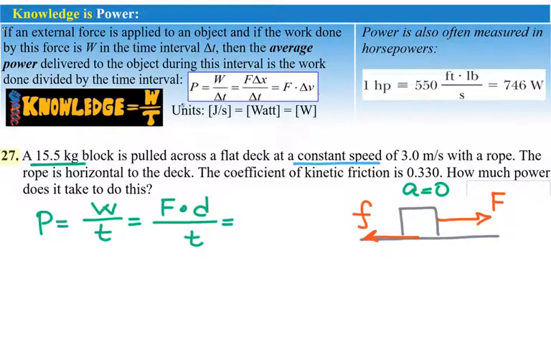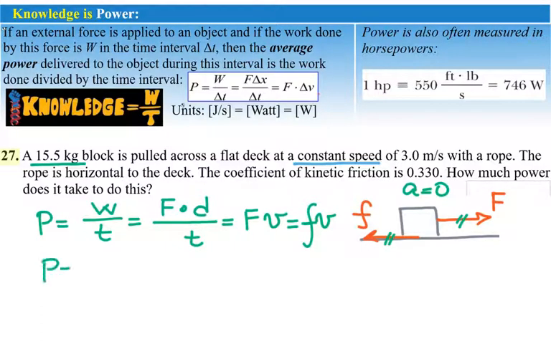And distance over time is again the velocity. So I'm going to use that formula that I just explained to you. So it's going to be the force times the velocity. And the force is equal to the friction force because these two forces cancel each other. So I could write this force times the velocity. It doesn't matter which one I choose.